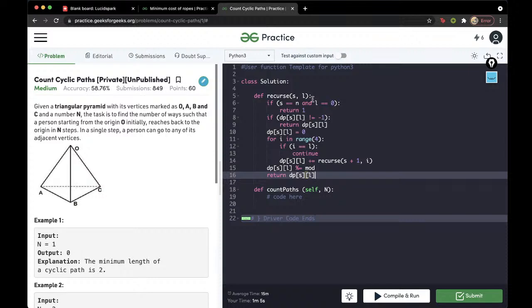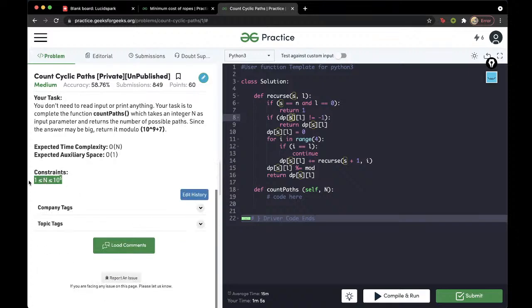The time complexity of the recursive solution is the product of its states. Here S can go from 1 to 1e6 as given here, and L can only be O, A, B, C, so L can only be 4, multiplied by the complexity of this function, which essentially is just a for loop with 4.